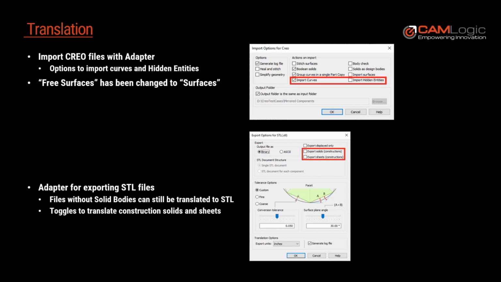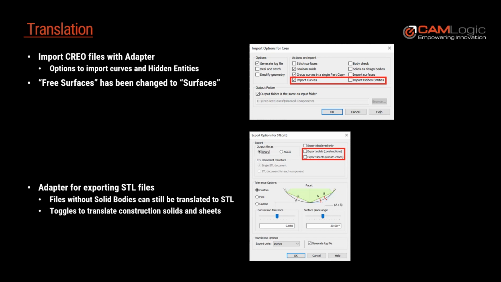They also added some options for the Creo adapter as well as STL. In Creo, they added options to import both curves and hidden entities. They also changed the term free surfaces to just surfaces. So you can import all those things. And then for STL files, you can actually export files that don't have solid bodies now.